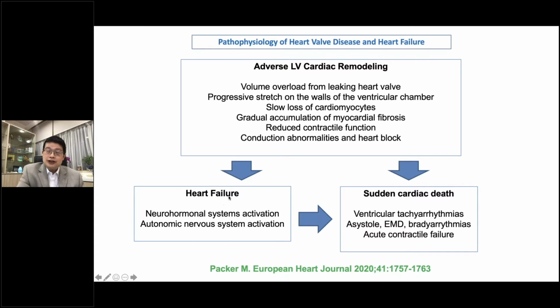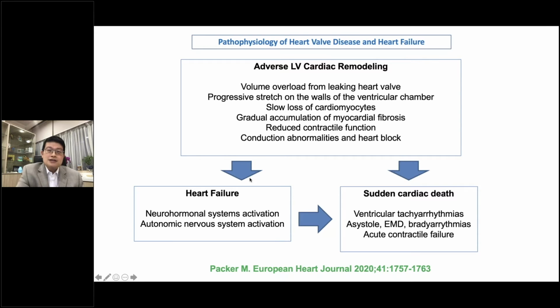If left untreated, further heart failure will result with activation of the neurohormonal systems as well as the autonomic nervous system. These patients with severe mitral regurgitation are at risk of sudden cardiac death, and this can be a result of ventricular arrhythmias or bradyarrhythmias, or even an acute contractile failure of the ventricle.